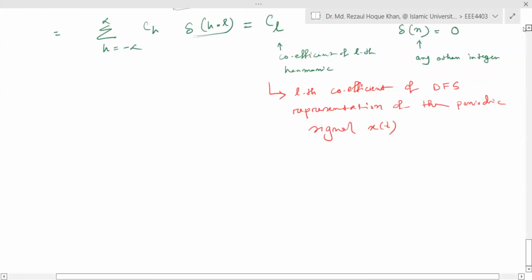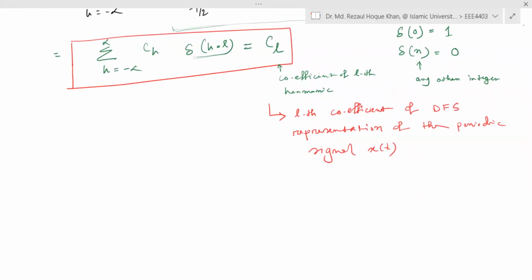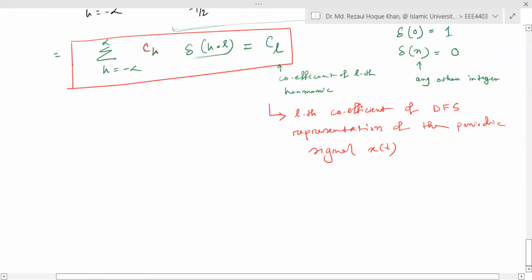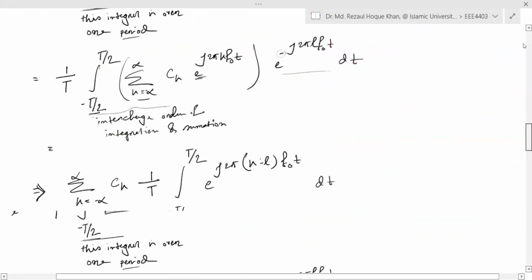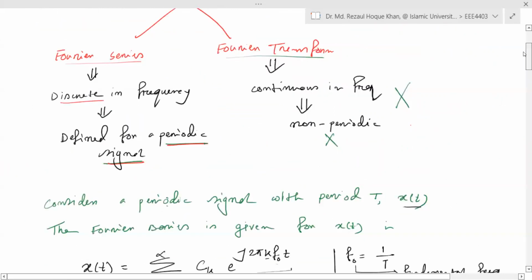Ultimately this is expressed by CL. CL is the coefficient of the Lth harmonic. So by using Ck, where k is any harmonic from minus infinity to infinity, we can specify a specific harmonic. In this lecture we came to know that for any periodic signal, which is discrete in frequency, we use a Fourier series.